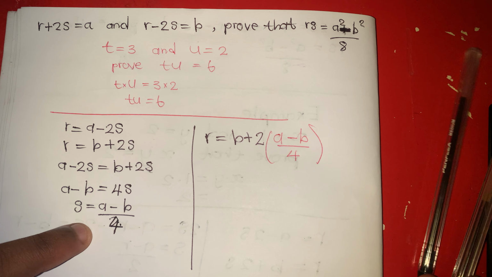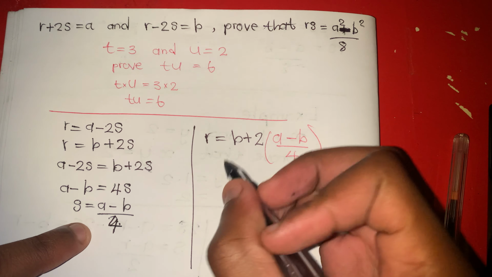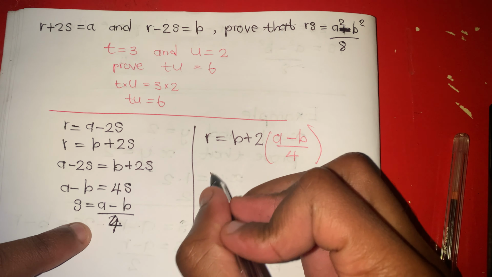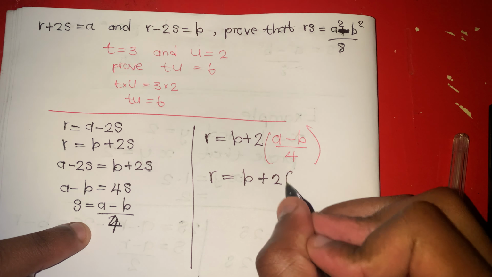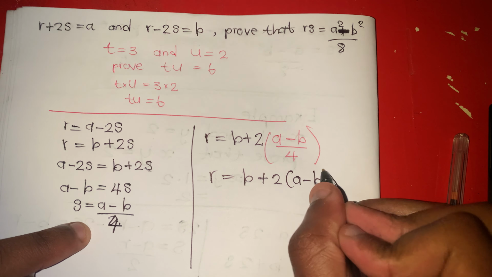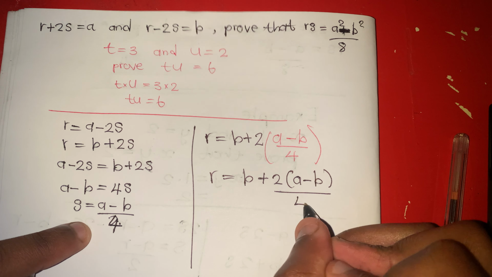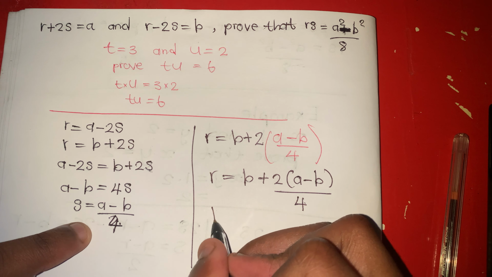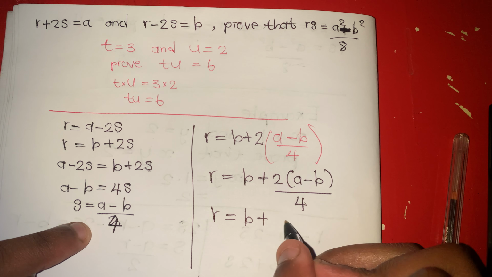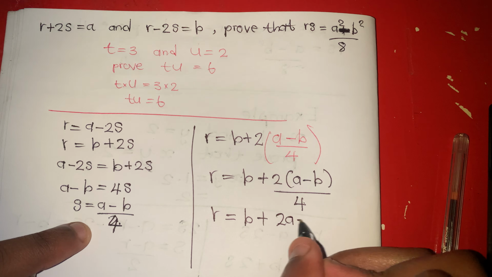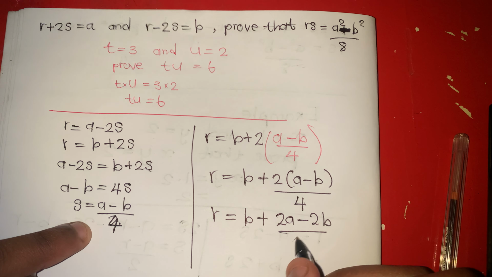Then we'll simplify that. You will find that r is equal to b plus 2 into a minus b over 4. So r is equal to b plus 2a minus 2b over 4.